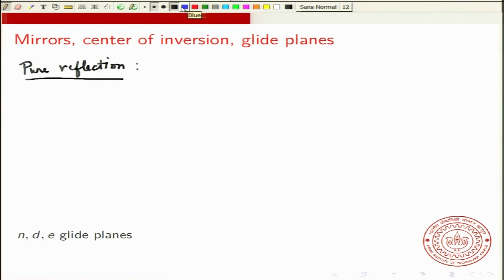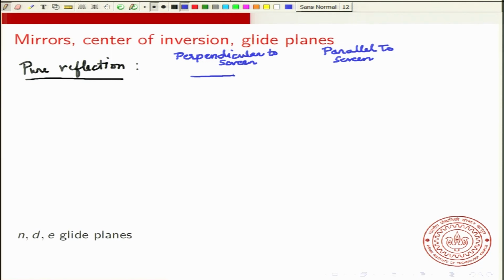So those are the two possibilities. Now, if it is a pure reflection that is perpendicular to the screen, then it is shown by a solid line. A solid line is the symbol for a mirror that is perpendicular to the screen.